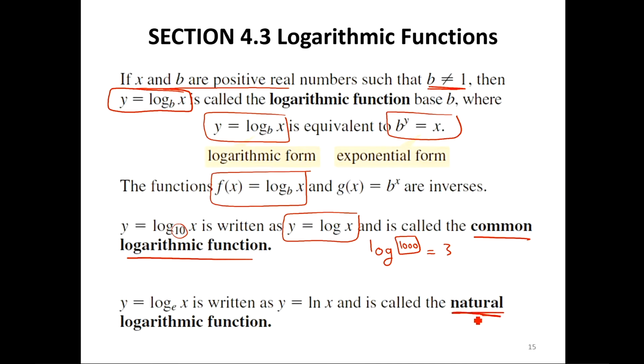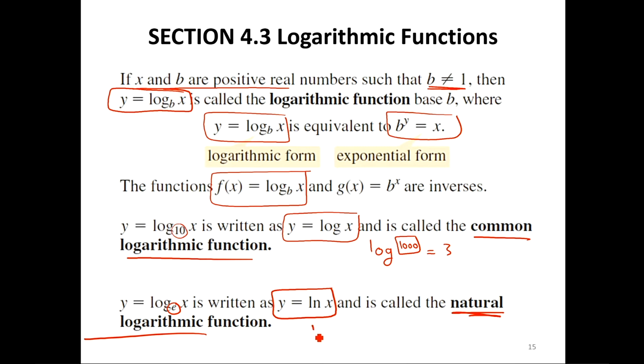Also, we have the natural logarithm. If we have a logarithm with base e, this is special. If we have base 10, this is the common logarithm and we remove the 10. If we have base e, this is called the natural logarithm, and we remove the e and write ln.